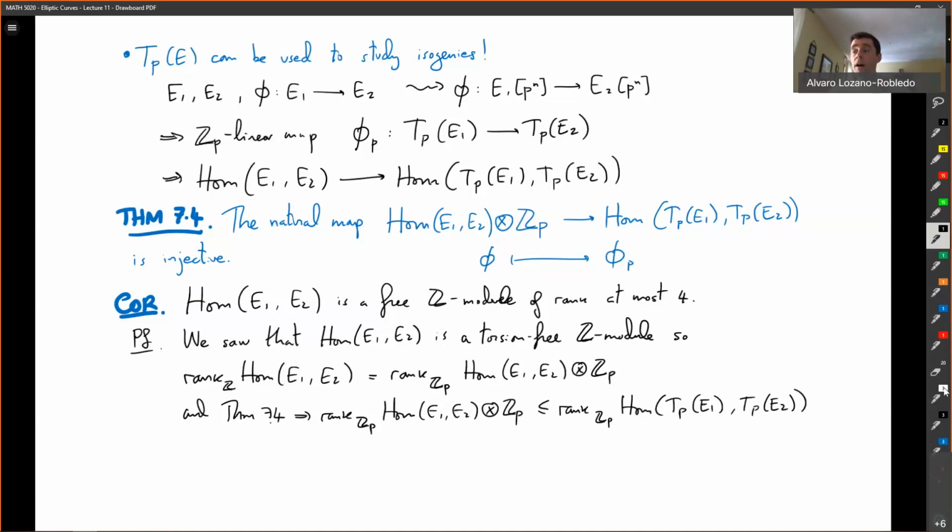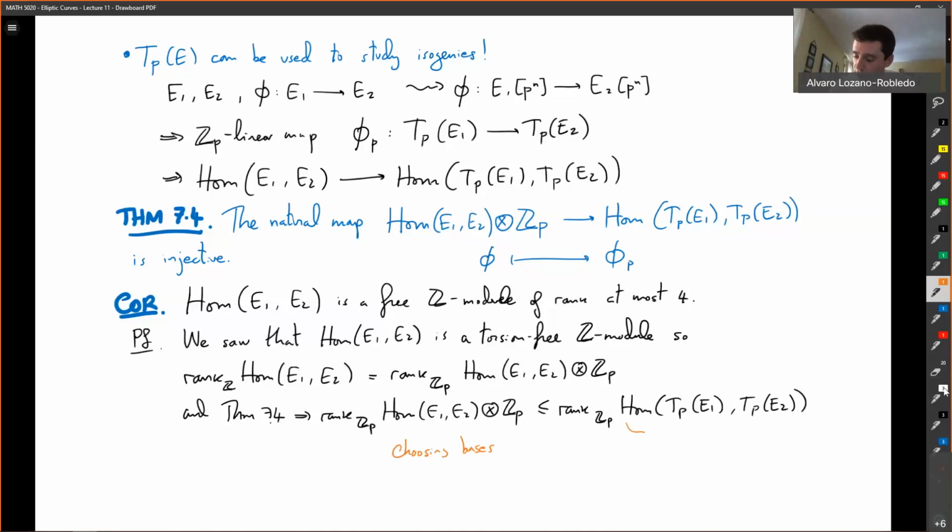Now, choosing bases for the Tate modules, remember the Tate modules are Zp plus Zp, 2 copies of Zp, then the Hom is just where do I send the first generator of Zp and where do I send the second generator of Zp. So the map just gives me a 2x2 matrix, and a matrix will define each one of those Homs.